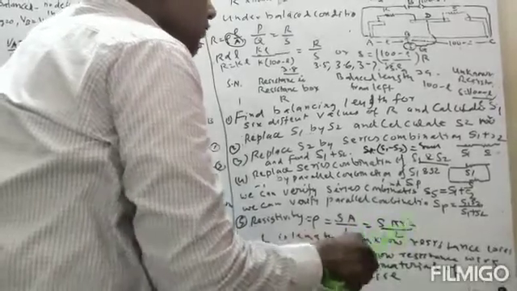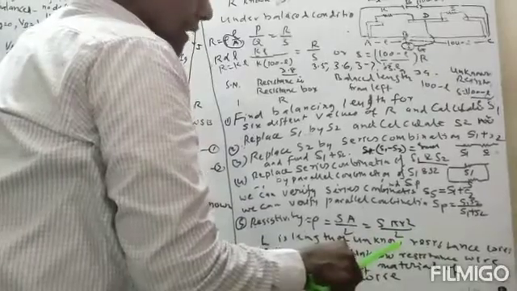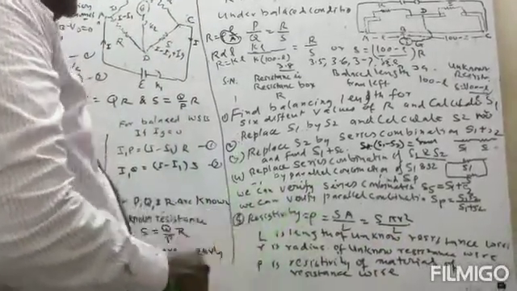Then substituting the value of S, pi r square and the length, we can find the resistivity using the meter bridge.